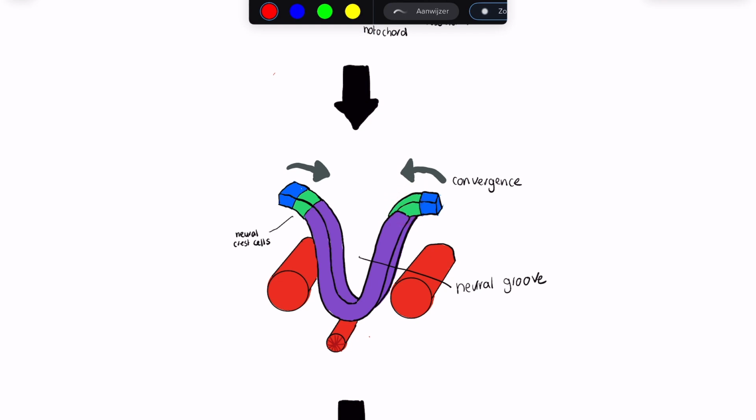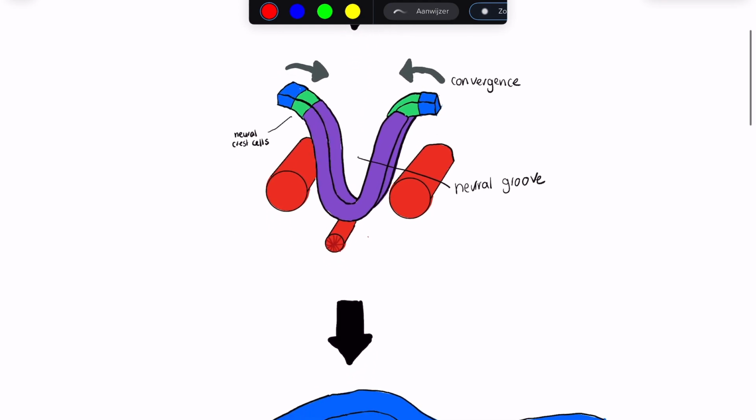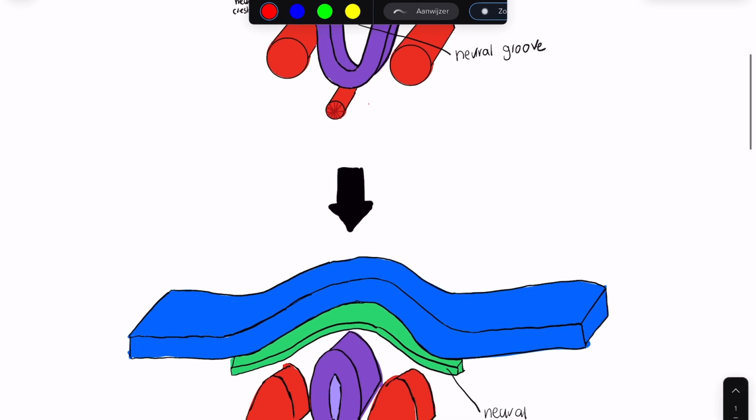And the neural plate border cells are now called the neural crest cells, which will make up part of the peripheral nervous system. And as you can see here, we also have the mesoderm-derived tissue as well as the notochord here.